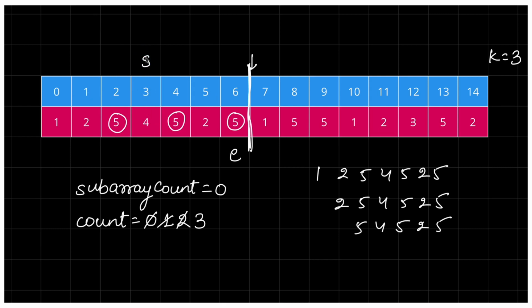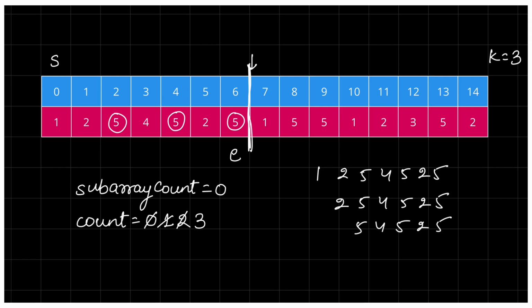So let's go back. As soon as my count becomes 3, because K is 3, which means I have covered 3 fives in my current subarray, now I need to calculate the total number of subarrays that I can form from here.